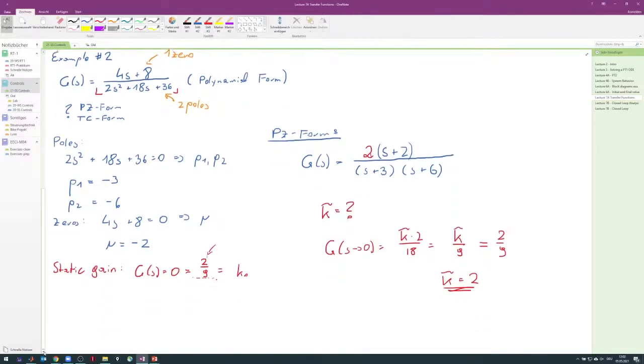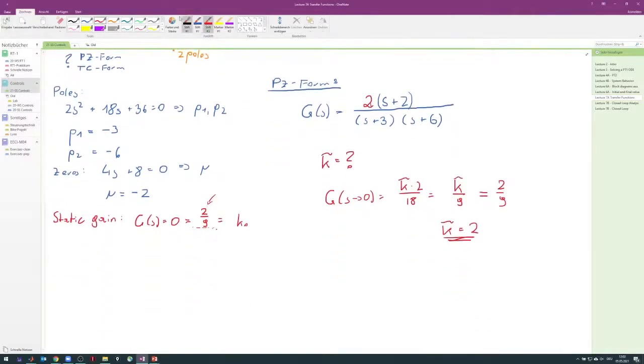Okay. So what are we missing? We miss the time constant form. So how do we compute the time constants? Well, we compute it for each and every pole and zero, and we just take the negative inverse of the pole.